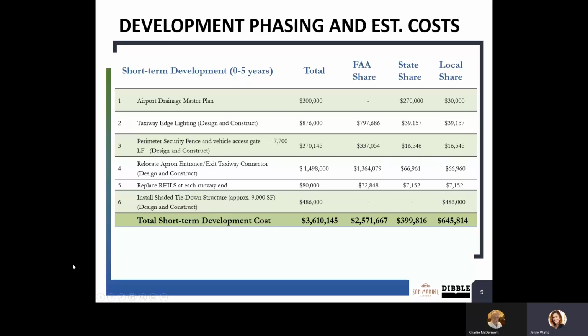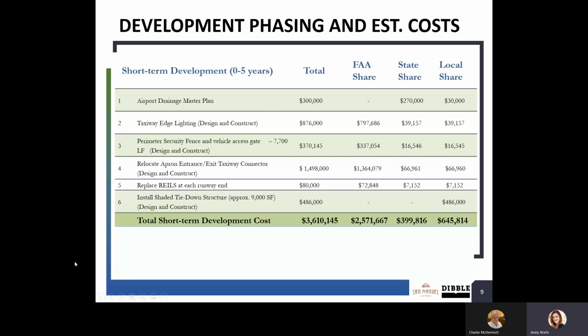So on the projects that are typically eligible, you'll see the breakdown there between the FAA, the state, and then the local share would be the sponsor or Pinal County share. Some of the projects are not eligible, for example, the shaded tie-down structure, which I actually forgot to mention. But that would be something typical that the county would be responsible for the cost.